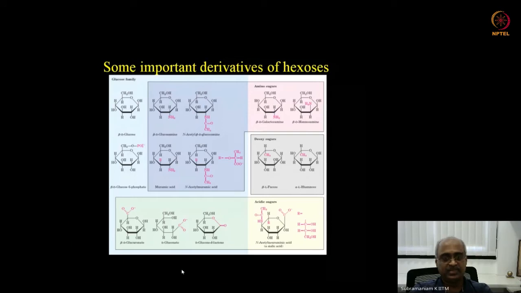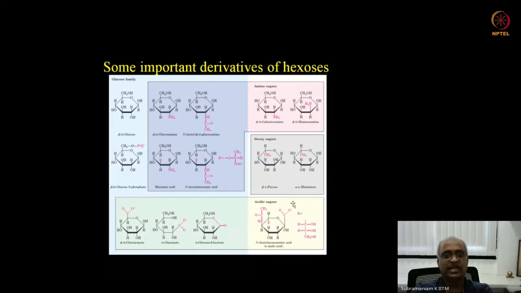So in addition to these common derivatives, one other important component that we often encounter in our system, usually found in glycoproteins, is this N-acetyl-neuraminic acid. This neuraminic, do not confuse with muramic. This is muramic, this is neuraminic. This is a 6-member, this is a hexose derivative, while this is a 9-carbon. So the R group has 3 here.